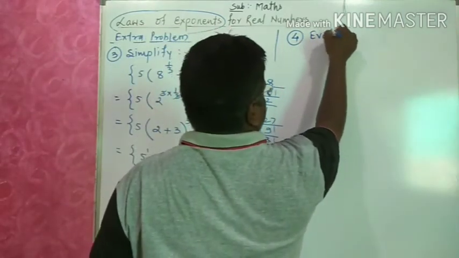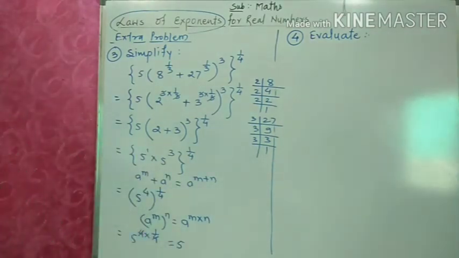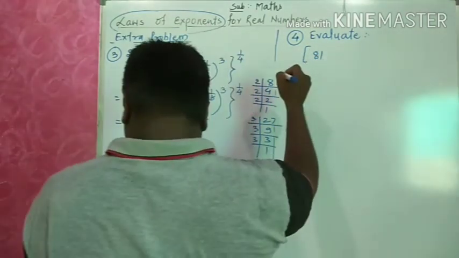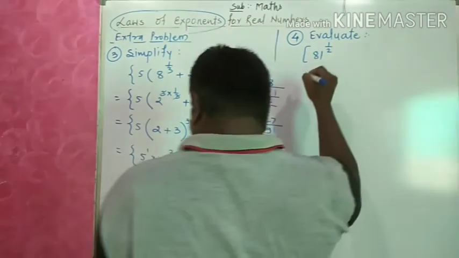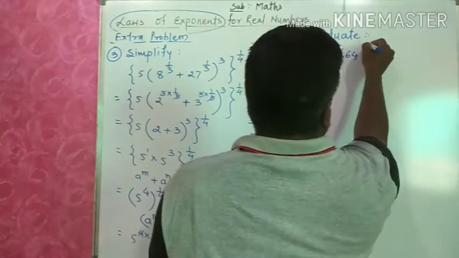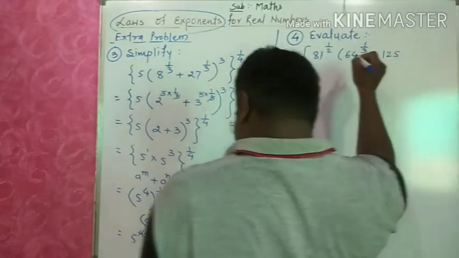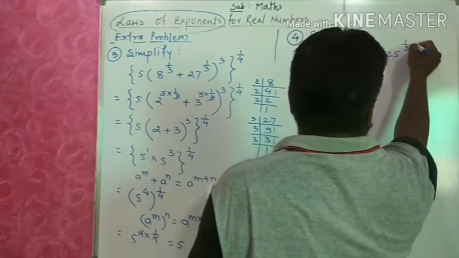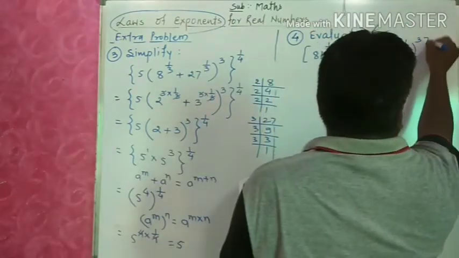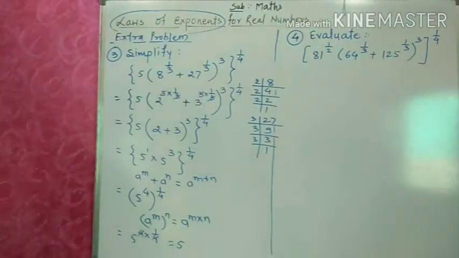Evaluate. (81) raised to the power 1 by 2, 64 raised to the power 1 by 3 plus 125 raised to the power 1 by 3, raised to the power 3, raised to the power 4. Like this it is there.